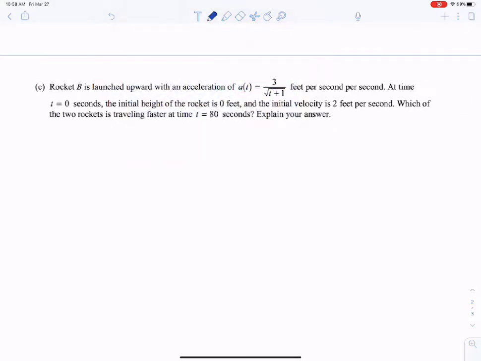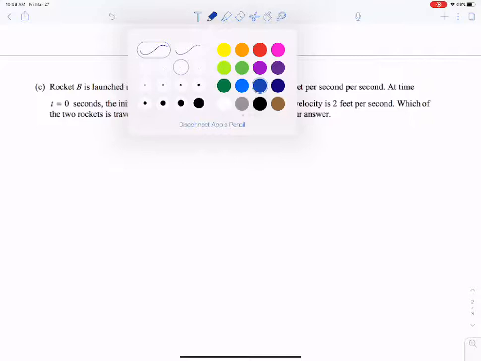So rocket B is launched forward with an acceleration of that, in feet per second squared, at time t equals 0. The initial height of the rocket is 0 feet, and the initial velocity is 2 feet per second. Which of the two rockets is traveling faster at time t equals 80? Okay, so what they're really asking, let's make sure we're okay.